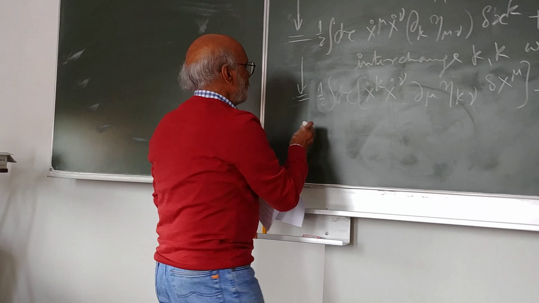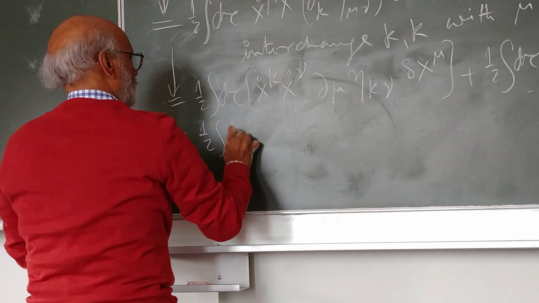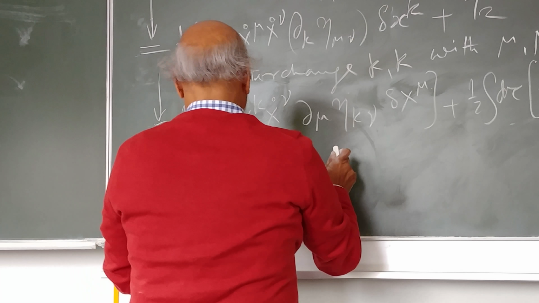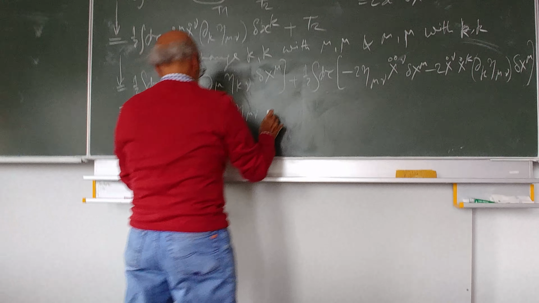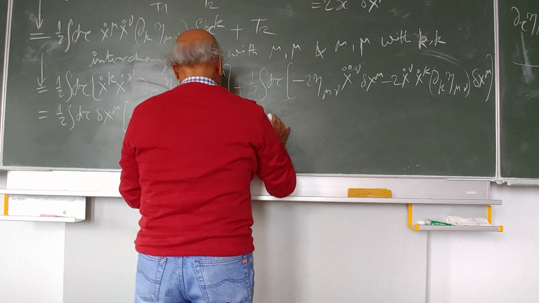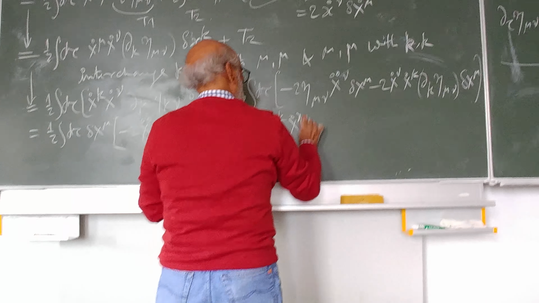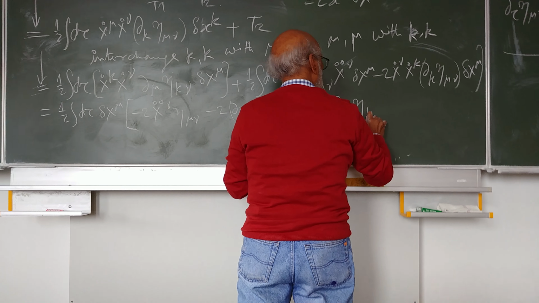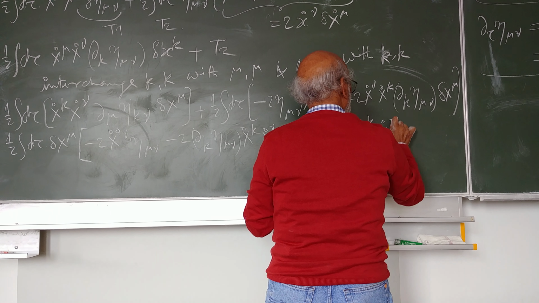Now I can sum up all of them into 1/2, or I don't even need to do that. 1/2 d tau into delta x mu into minus twice x dot mu times eta mu minus twice del k eta mu times xk dot x mu dot plus del mu eta k mu times xk dot x mu.